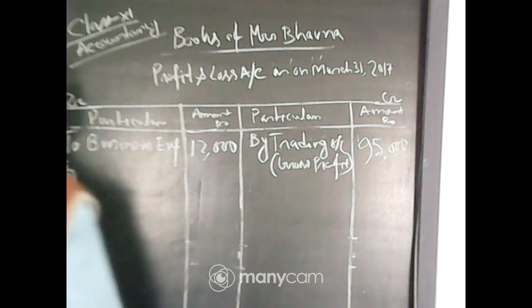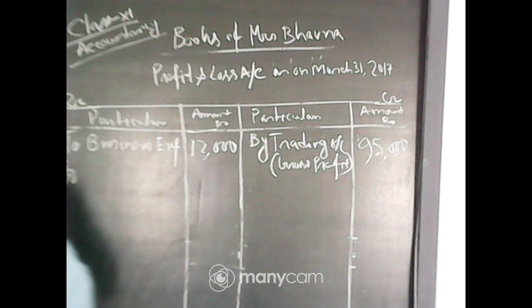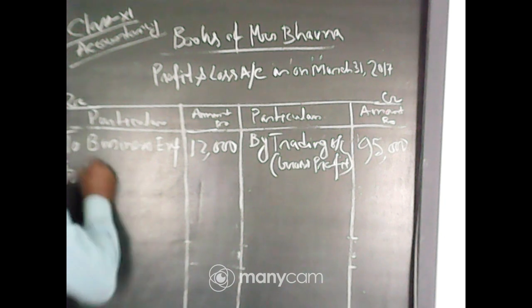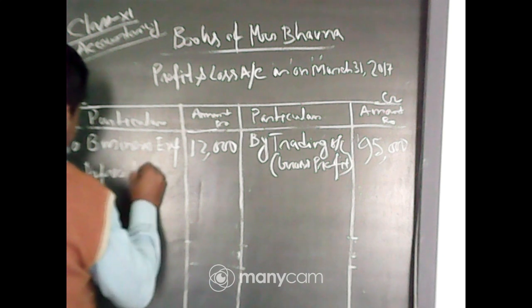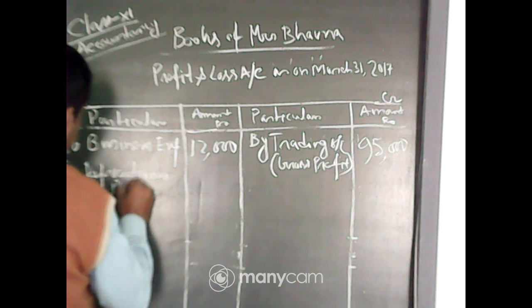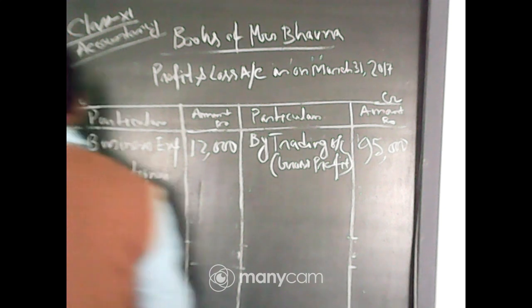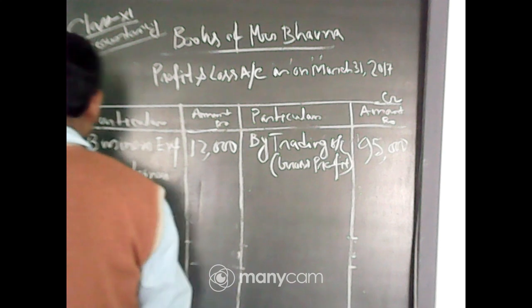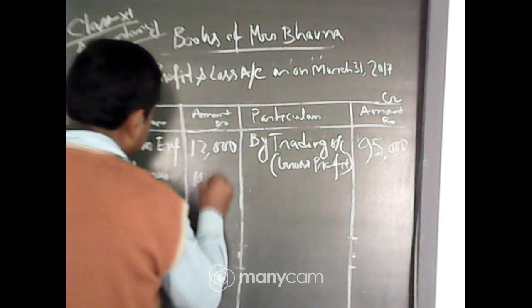So plant is 1 lakh. So to depreciation on plant, that is 10,000, because the balance is 1 lakh, so 10% of 1 lakh means 10,000.